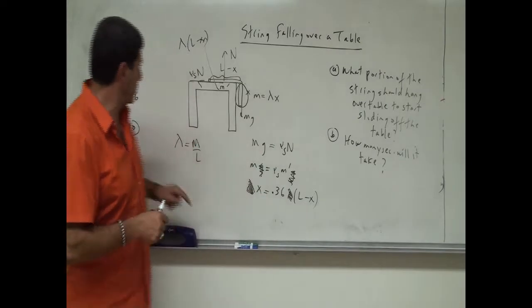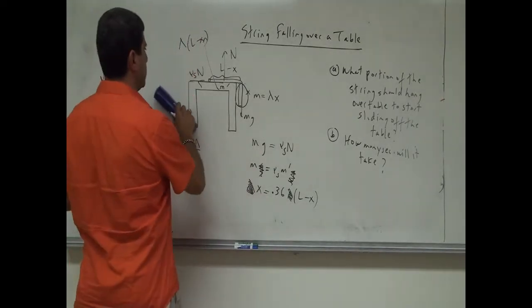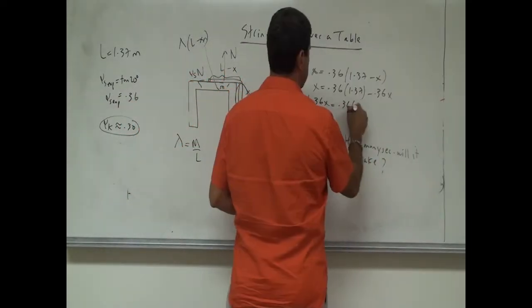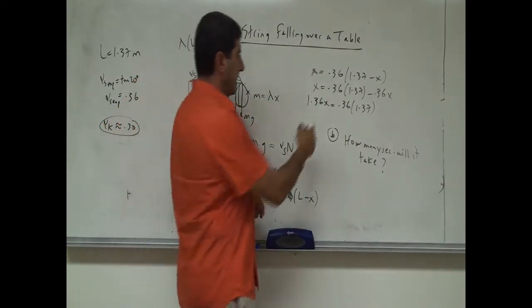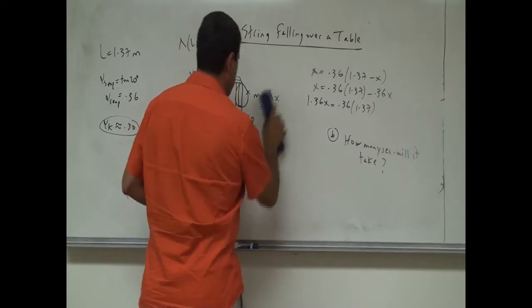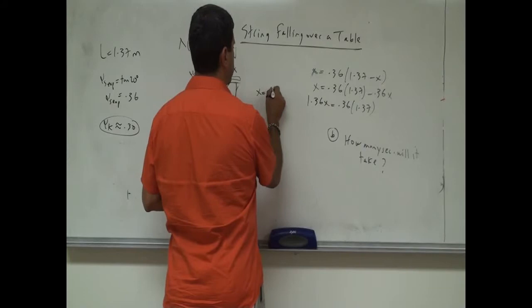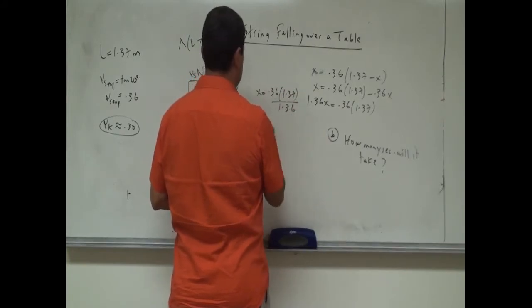So then we can now put the length of the rope, 1.37, right? So let's calculate this. x is equal to 0.36 times 1.37 over 1.36.